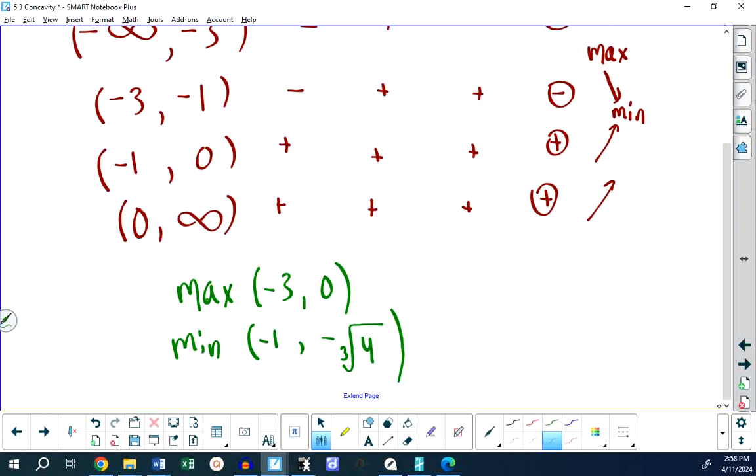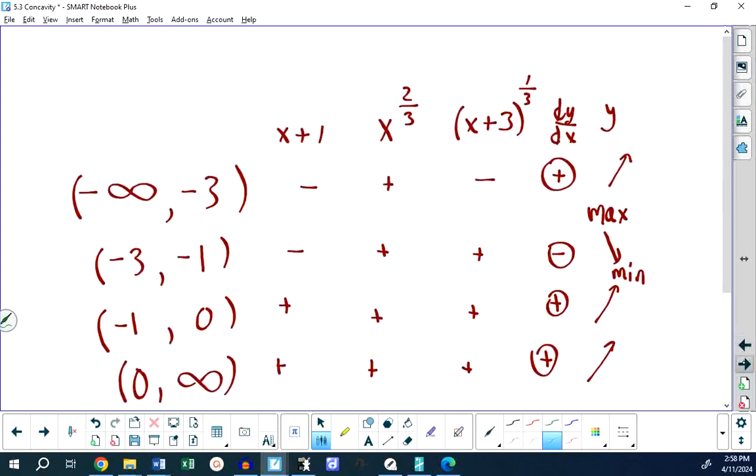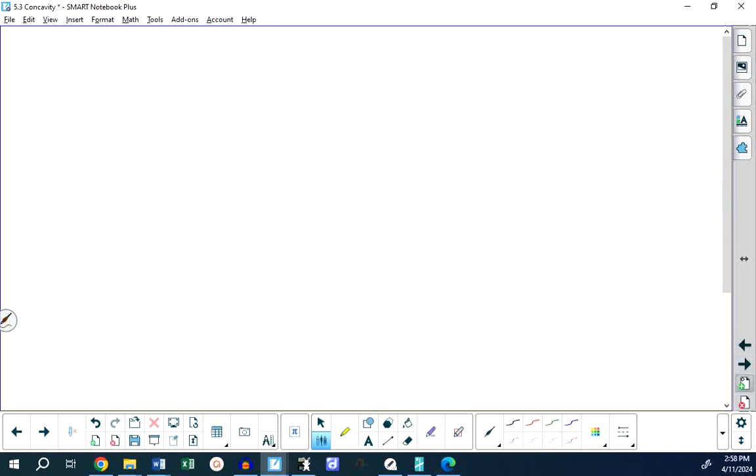Now we have to do the second derivative. And I just want to make sure, when I did that first derivative chart and I mistakenly wrote the second derivative, I did use the proper critical values of x. Okay. So I only have two critical values of x for my second derivative.